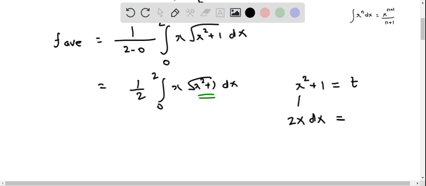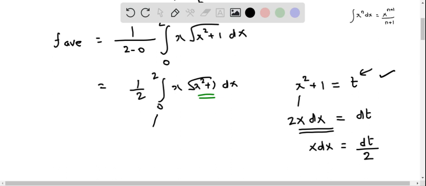On this side, when you take the differential of t, it is dt. So basically we can find this expression, x dx, which equals dt over 2. Now, since we have utilized this substitution, we are actually converting this integral into the t variable.